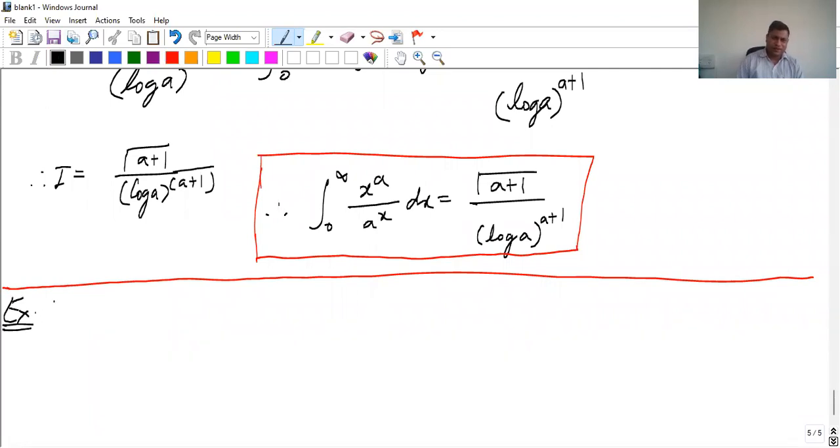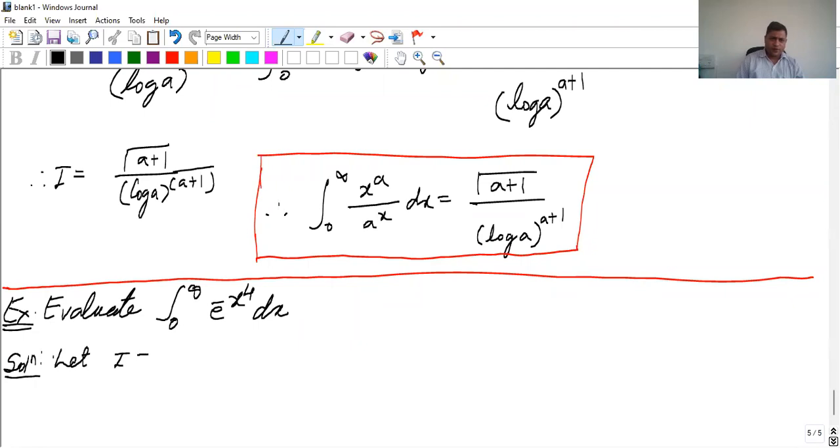Okay, let us try an example. Evaluate the integral from 0 to infinity of e raised to minus x raised to 4 dx. So this is the integral that we want to evaluate.